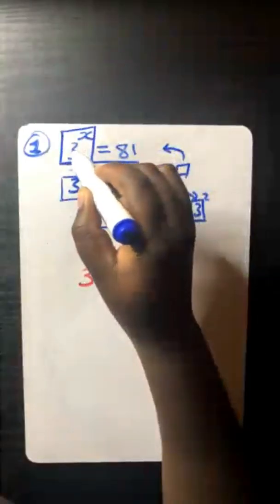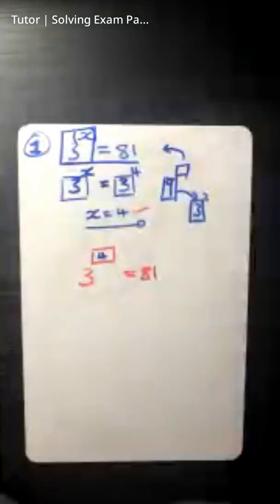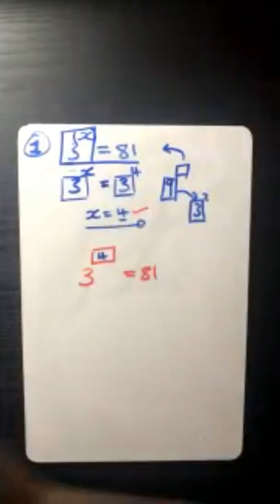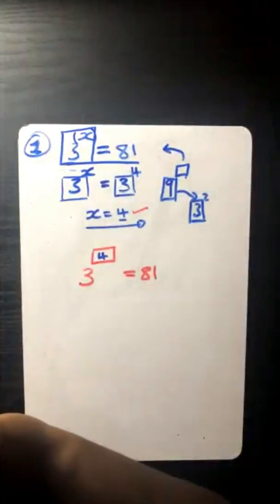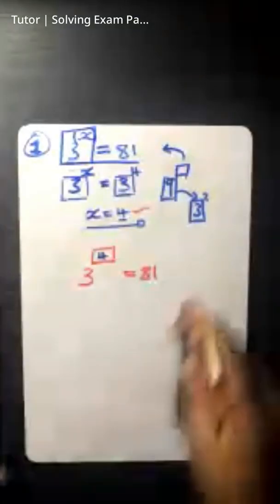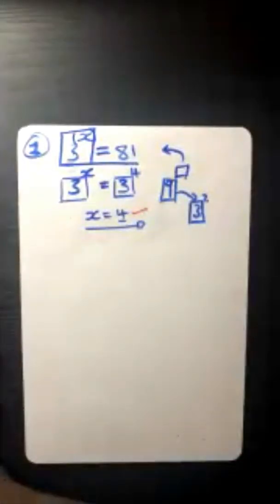From that original equation, on this side, this is where you say 3 to the exponent whatever x value you got, and it must give you 81. In that way, you know your answer is correct. So you are not solving here, but you're proving or verifying if your final answer is correct. So let's move to the next question. I think you will understand it better on the next question.